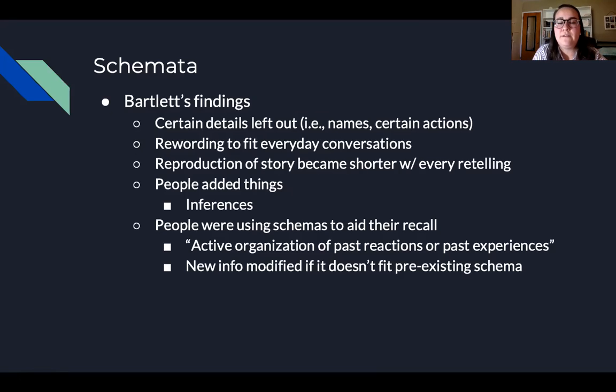So first, he found that people tended to leave out details like the names of towns and characters or specific actions or reactions of characters. There was also this pattern that when people were recalling the story, they ended up using language that was more similar to theirs, so more modern and reflective of how they would speak in everyday conversations.